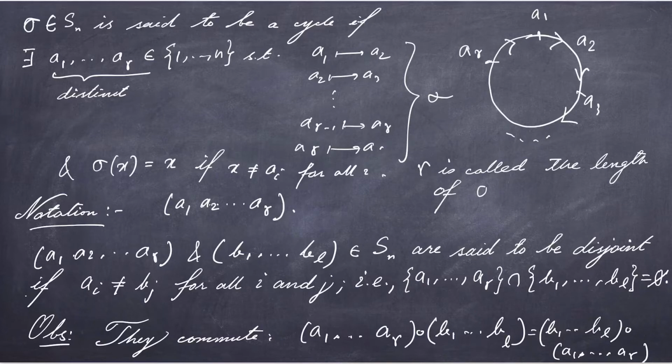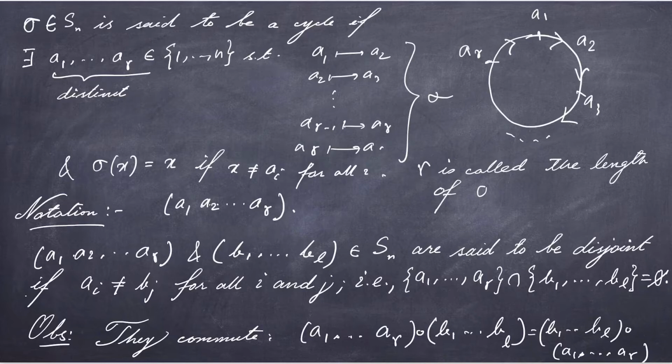Now we make a further definition: two cycles, let's say (a1 a2 ... ar) and (b1 b2 ... bl), are said to be disjoint if no ai is equal to any bj, or in other words, the sets {a1, ..., ar} and {b1, ..., bl} are disjoint. If two sets have empty intersection, we call those sets disjoint. Therefore, if for two cycles the corresponding sets are disjoint, we call these cycles disjoint.